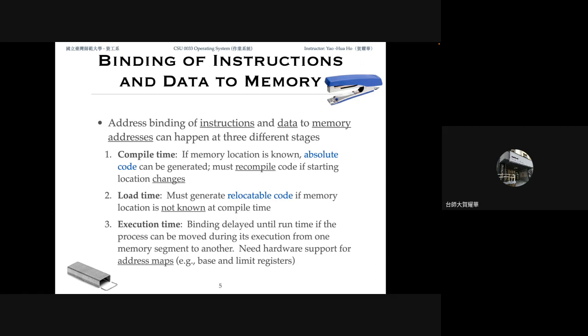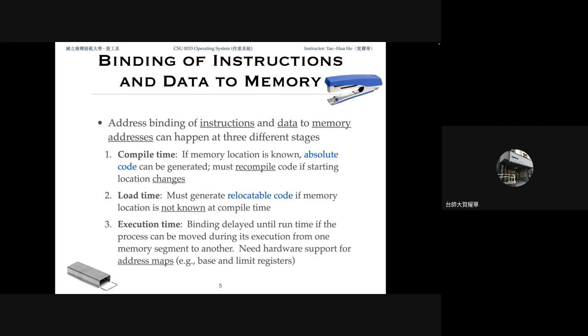But at load time you know the exact location of the program, because when you run a program you load it into memory, moving it from new to ready state, right? So that's at load time. Another one is at execution time.